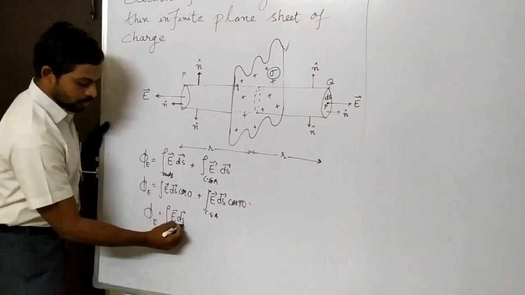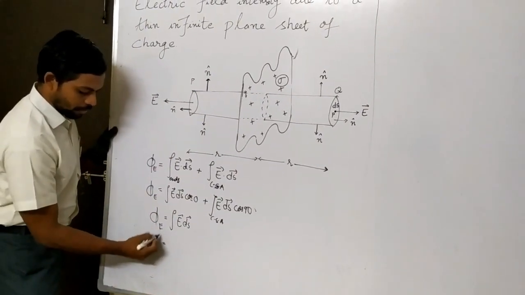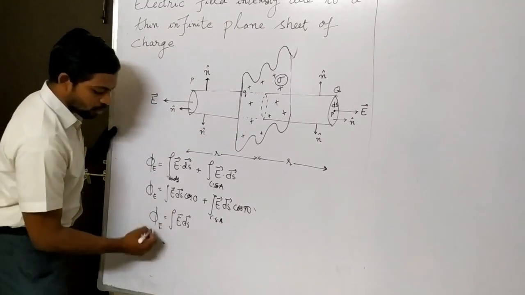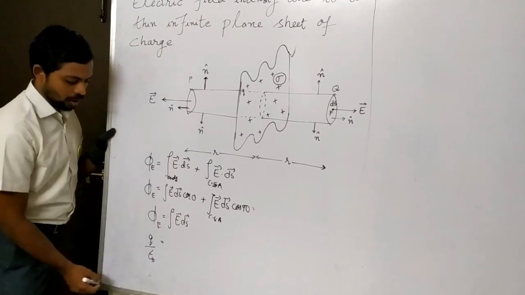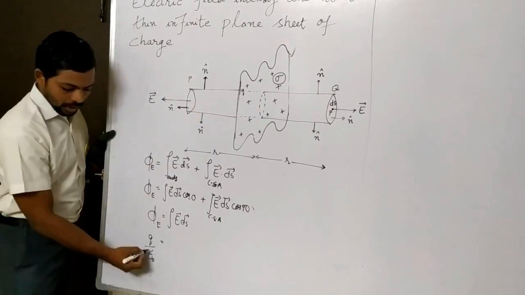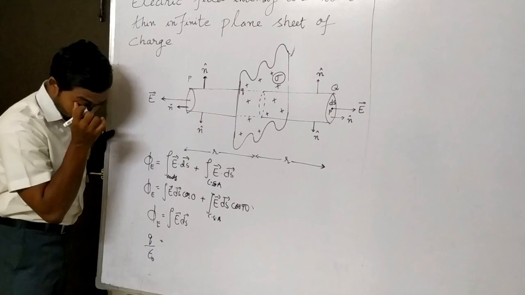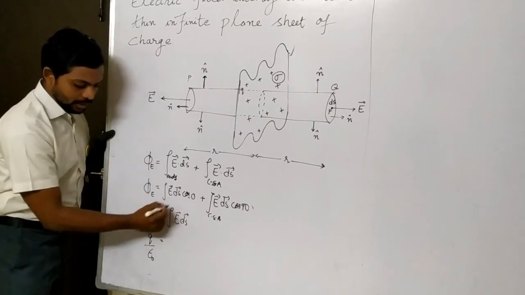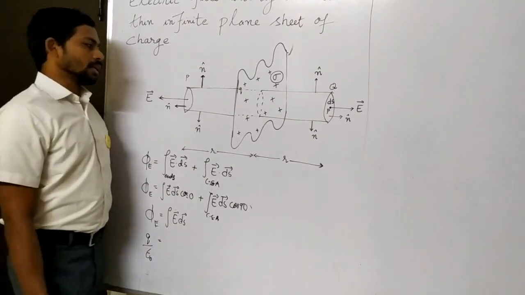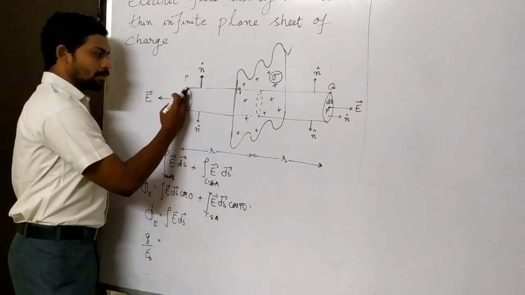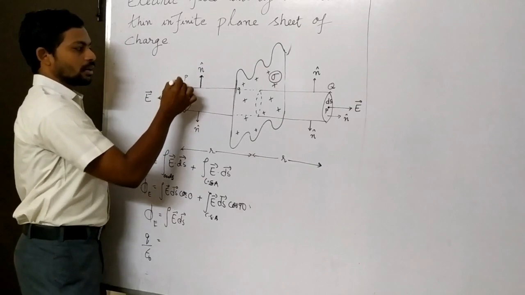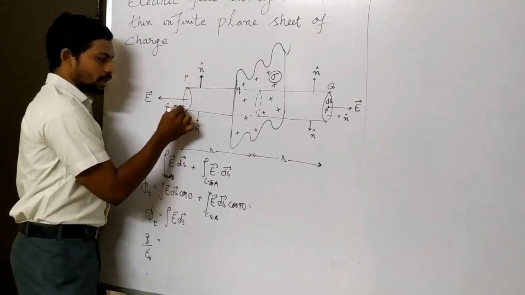Now we know that this value is nothing but Q by epsilon naught. The total flux which is coming out is Q by epsilon naught. And let me tell you, friends, electric field intensity at a distance r is the same wherever you select the point, here or here or here.